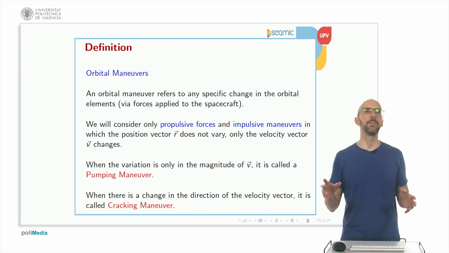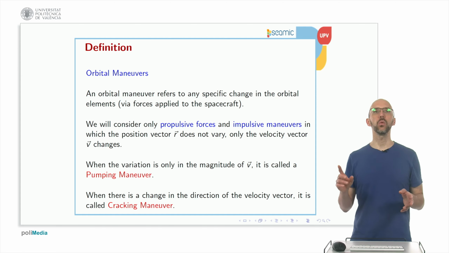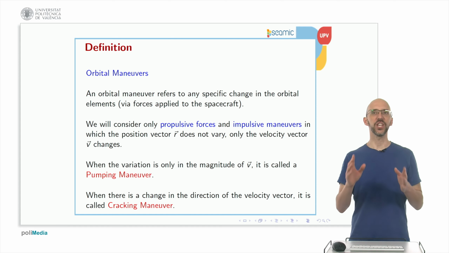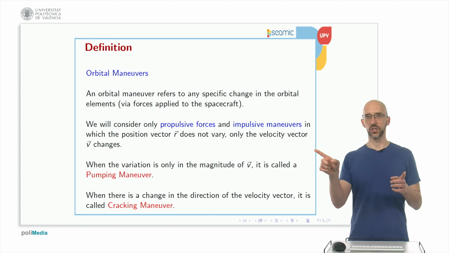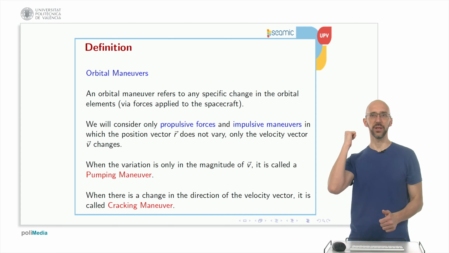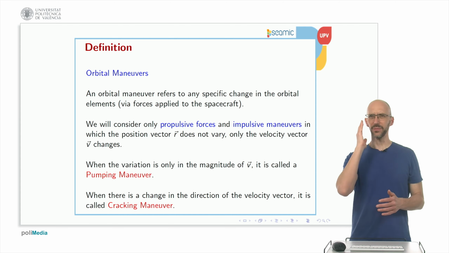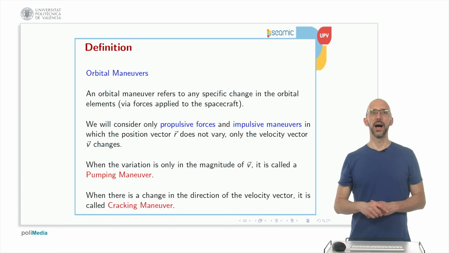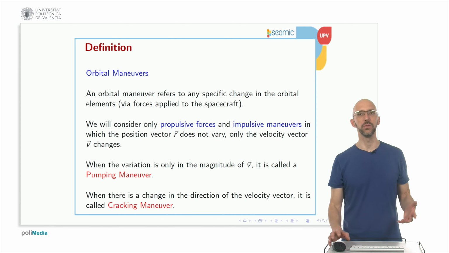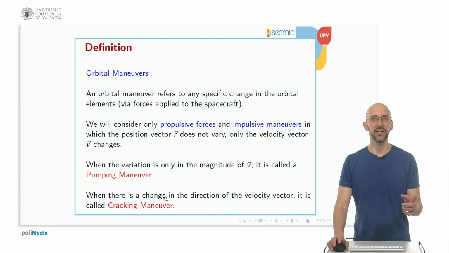Orbital maneuvers can be classified in two types. The first type is called pumping maneuver. It's when we change the magnitude of the velocity vector, only the speed, not the direction. If the rocket is going in this direction and something pushes it from the back, it goes faster in the same direction. The other type is called cranking maneuver, and in this case we change direction.